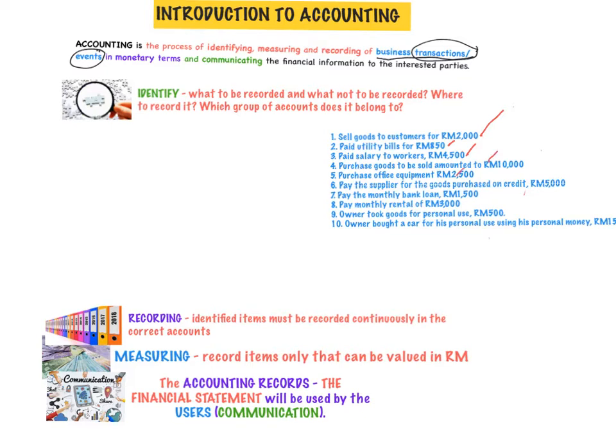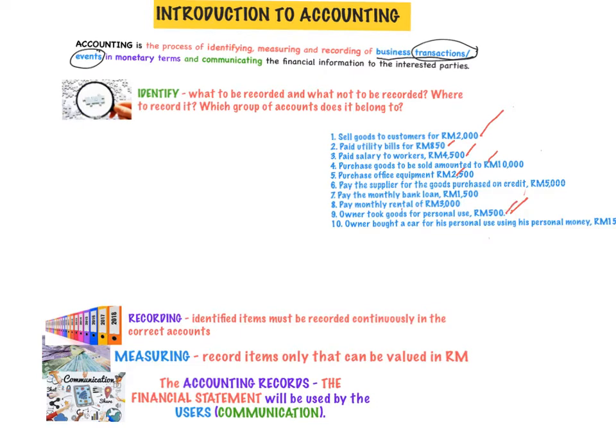Purchase office equipment, again from the business for the business. But if we look at number 9, the owner took goods for personal use, which means you take the business goods but it is for personal use. Do you have to record it? The answer is yes. Why?